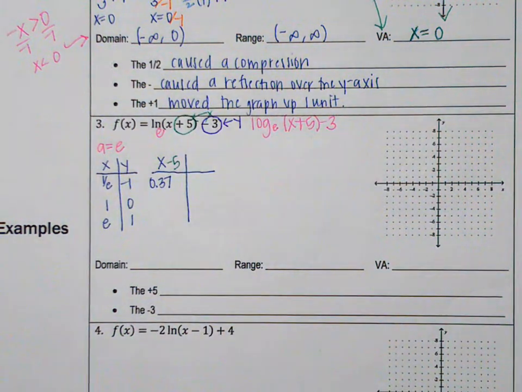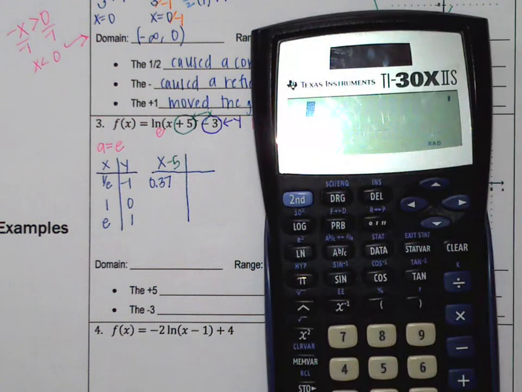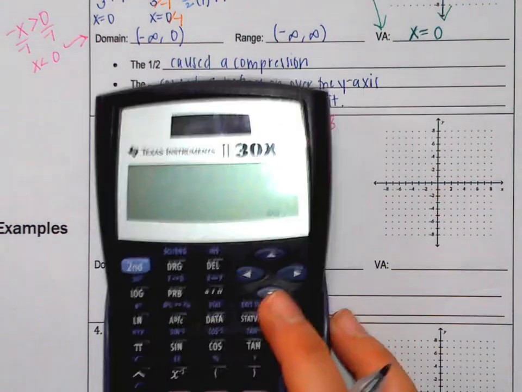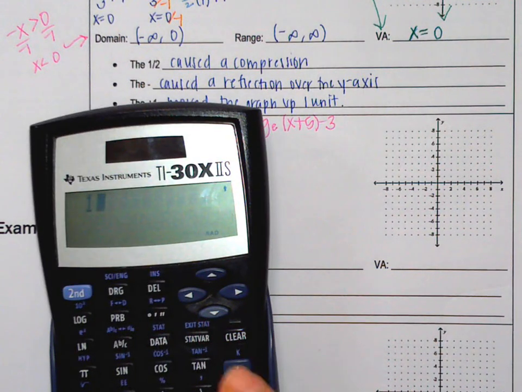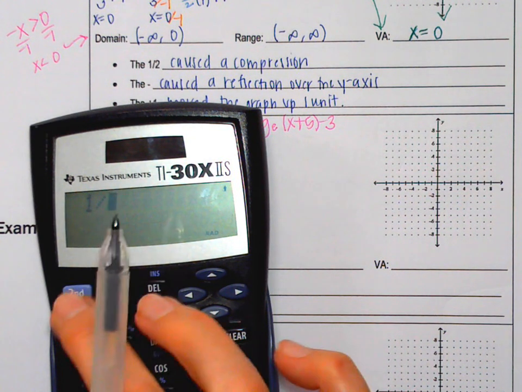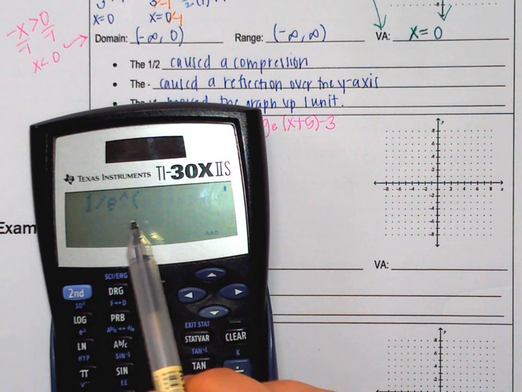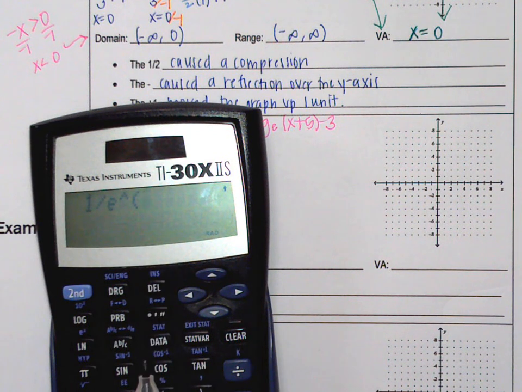If you wanted to do it on the scientific calculator and you wanted to do 1 over e, you totally can. It would be 1 divided by second ln, but because you have to put an exponent, you would just do to the first power. And it gets you the same thing, that 0.37.